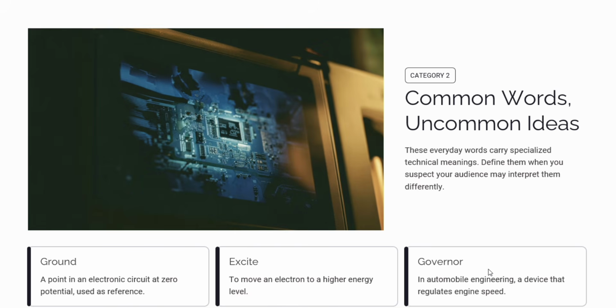So in automobile engineering, a device that regulates engine speed is what is known as governor. You understand? The word ground, the word excite, the word governor, these are common words, but I'm using them for uncommon ideas. The need for me to define them properly is to ensure I don't communicate different meaning to my intended listener. So these are categories of words that we need to define.